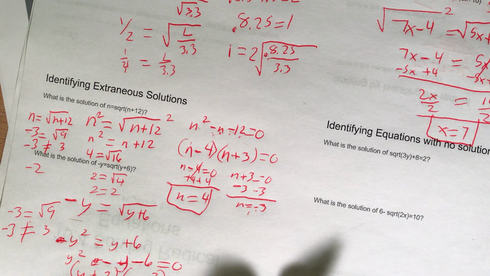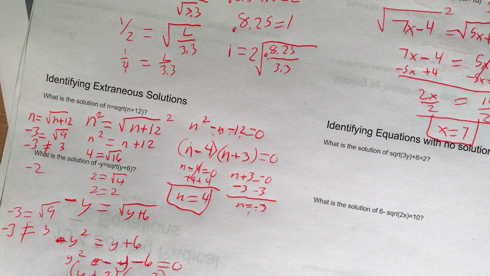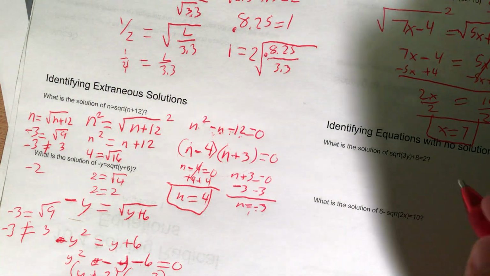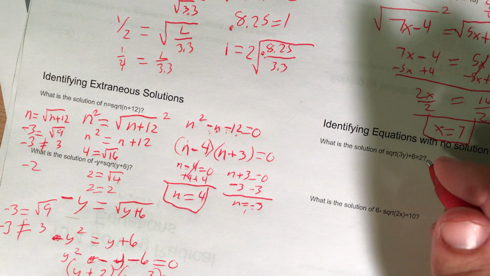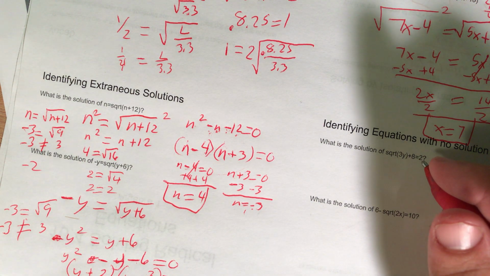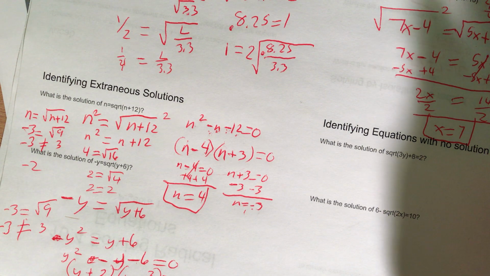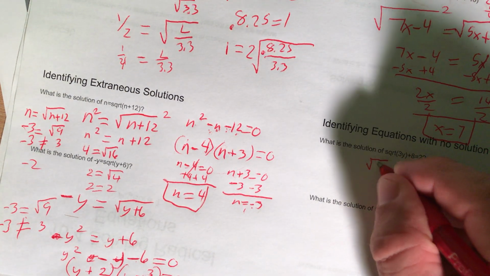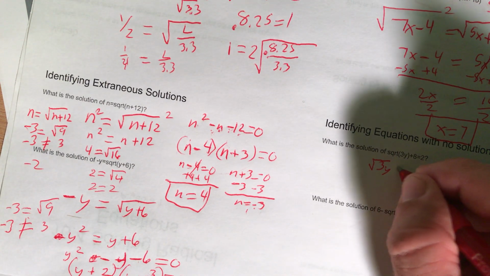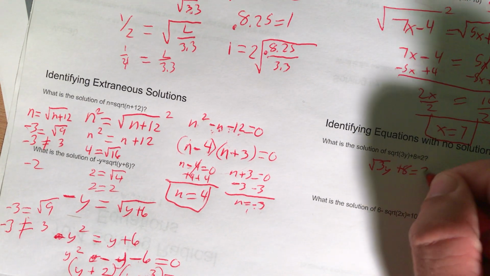Identifying equations with no solutions. Once again, you're just going to have to solve it out. Okay. So you have the square root of 3y plus 8 equals 2.